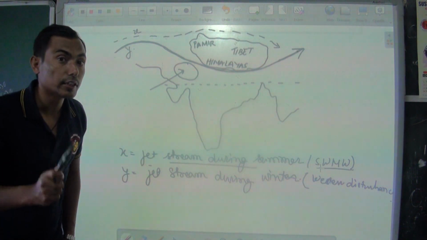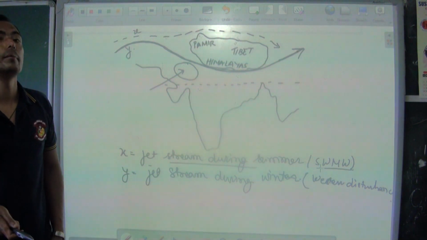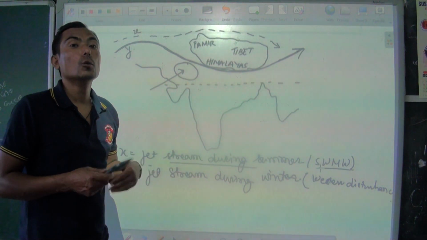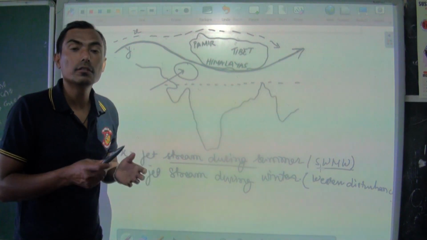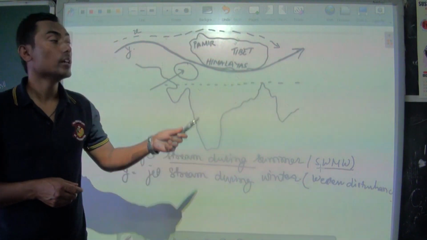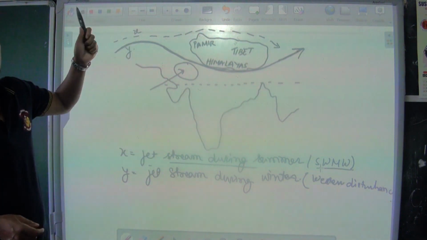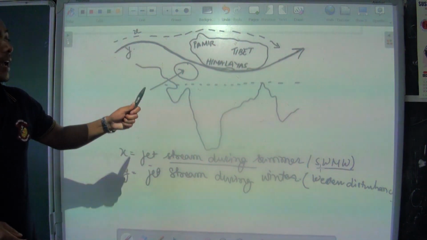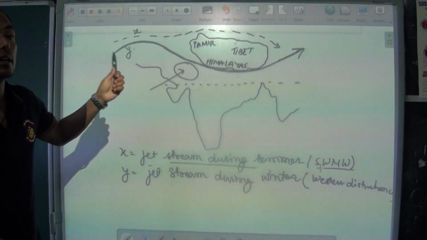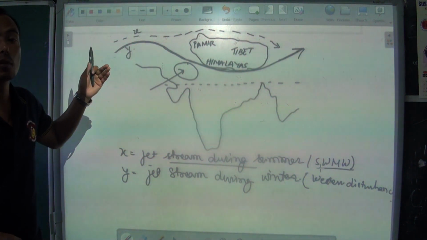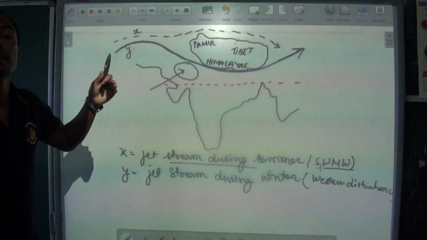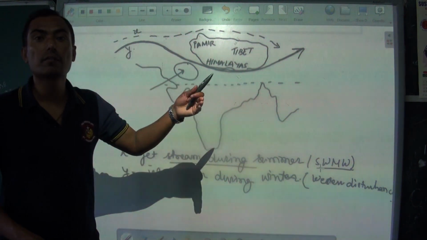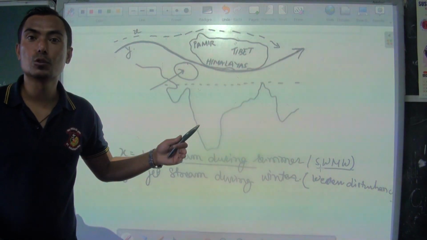So if the jet stream is stronger, it means that India receives a higher amount of rainfall. Therefore this jet stream is very important, and whenever the jet stream enters the Indian subcontinent, it is an indication of the arrival of the southwest monsoon wind.